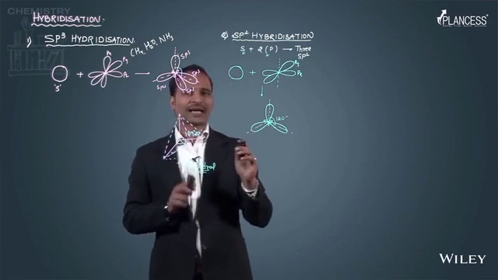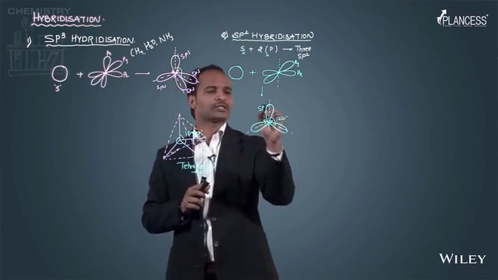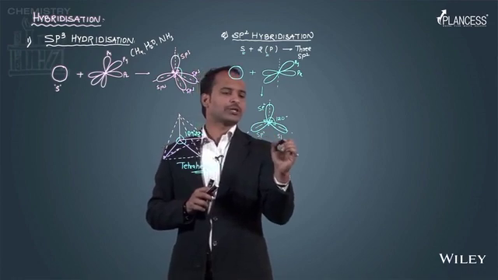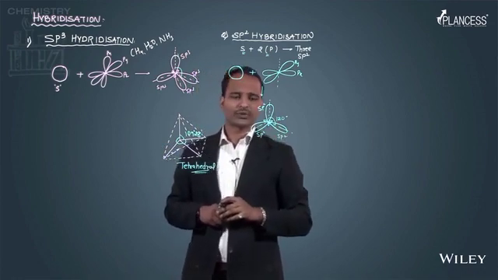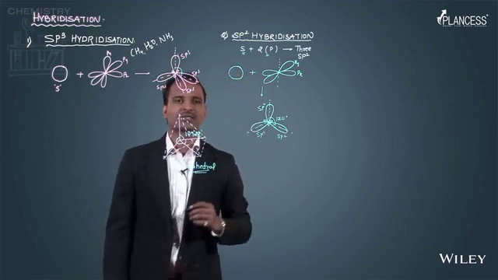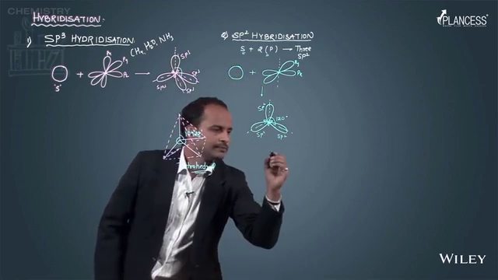Each of them is called an sp2 hybrid orbital. And the bond angle between each orbital is 120 degree. And the geometry, as I said, is trigonal geometry.